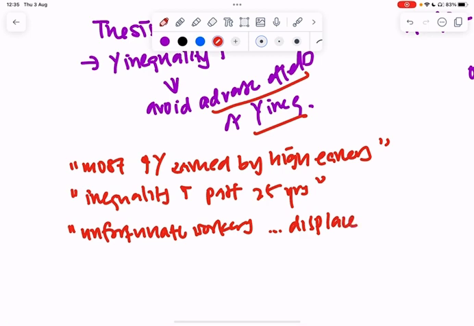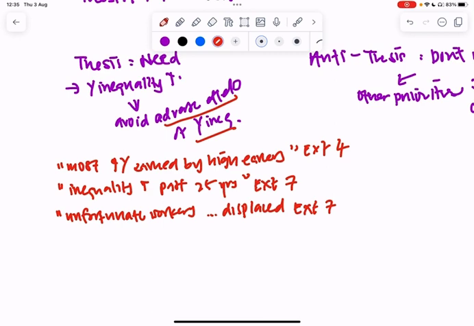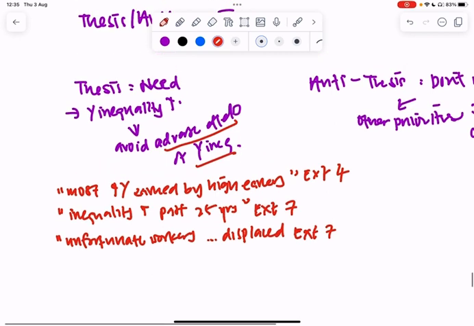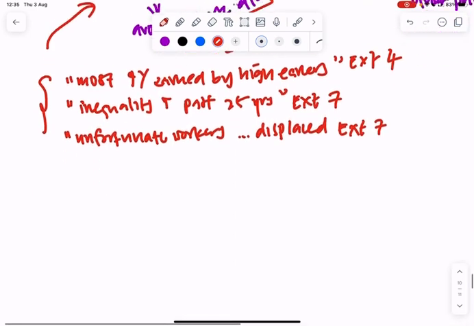So this is extract 4, extract 7. Okay, so when I look at this, straight away, I know that this is proof that income inequality is high or income inequality is increasing. So why does that lead to adverse effects on the economy?